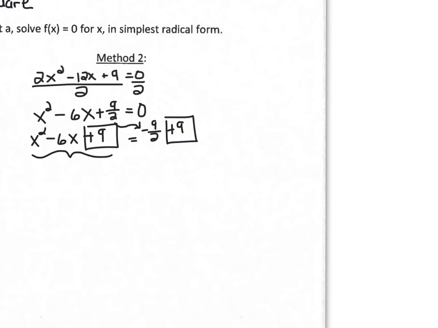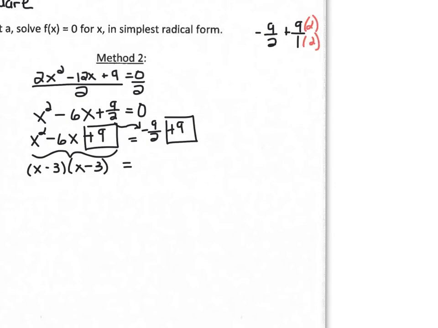Okay, so now when I factor the left-hand side of the equation, that's going to give me x minus 3 times x minus 3. And then when I add negative 9 halves, I'll do that off to the side, negative 9 halves plus 9, I'm just going to make that 9 over 1. All right, so in order to add these, I need to find a common denominator, so I'm going to multiply the second fraction by 2 over 2.